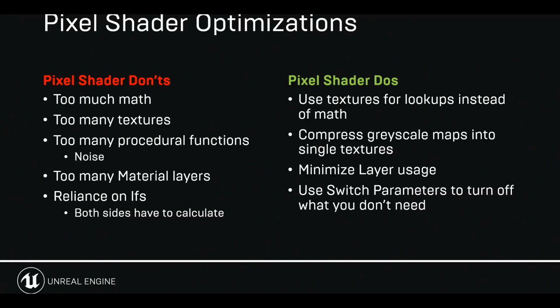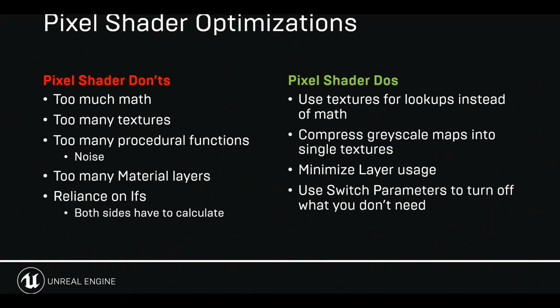Pixel shader. I've just got some simple do's and don'ts to try to make your lives a little easier, instead of doing a whole bunch of individual case study-like problems. So don't use too much math. Again, there are folks who will make really high-end math equations just to solve some cool thing in a pixel shader, but that stuff gets really expensive really quickly. Don't use too many textures. Obviously, the engine will yell at you if you do that anyway.